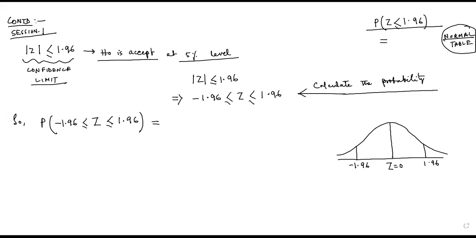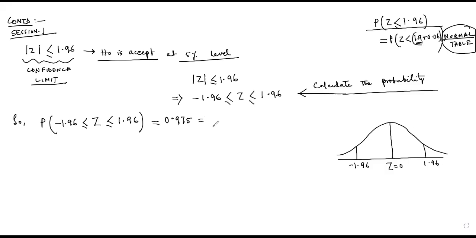For this, you have to select the point from the row. The row heading should be 1.9, because 1.96 can be written as 1.9 plus 0.06. So this is the row that you have to mark, and that is the column that you have to mark. Now, Oyan Banerjee has already given me the value. It is 0.975. Very good, Oyan.